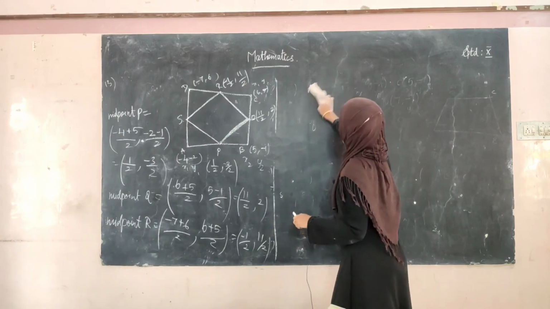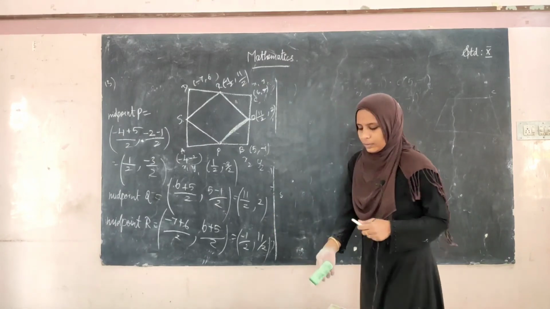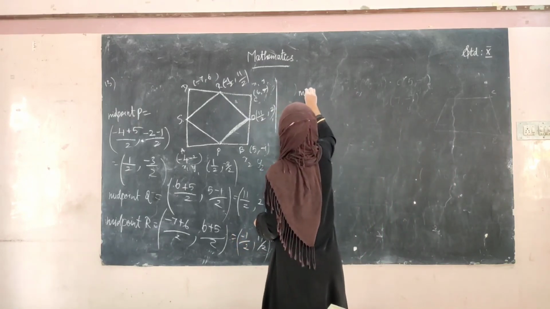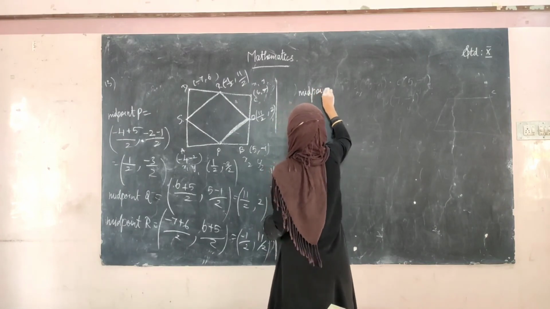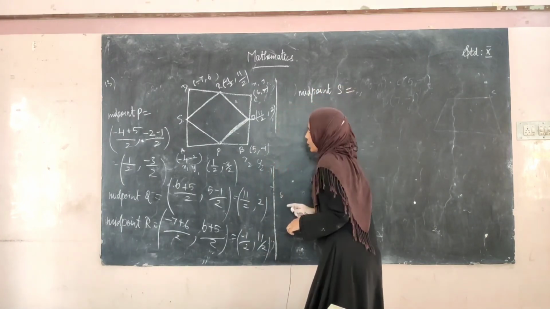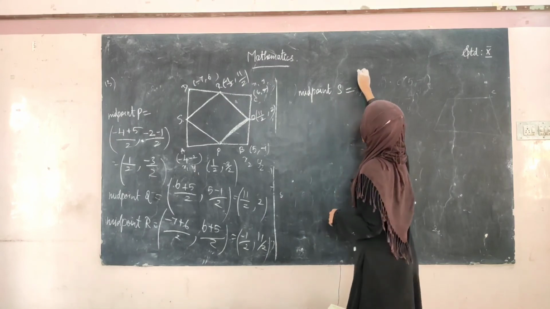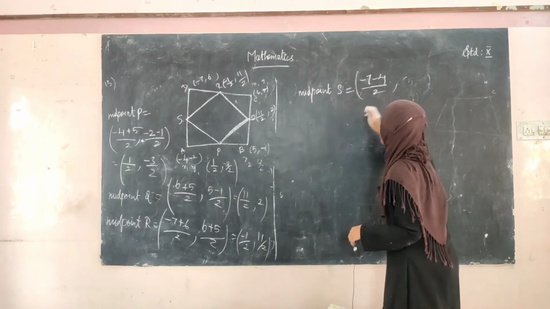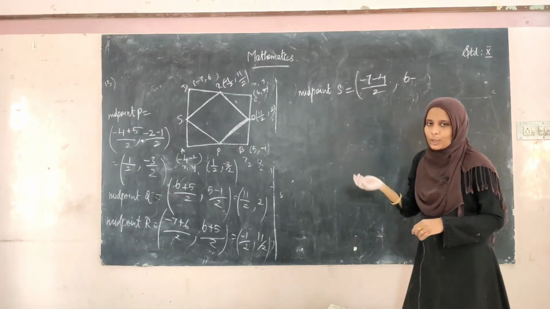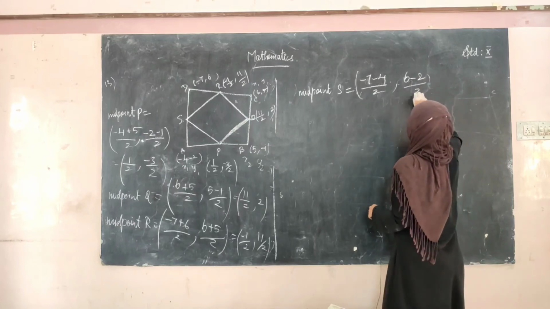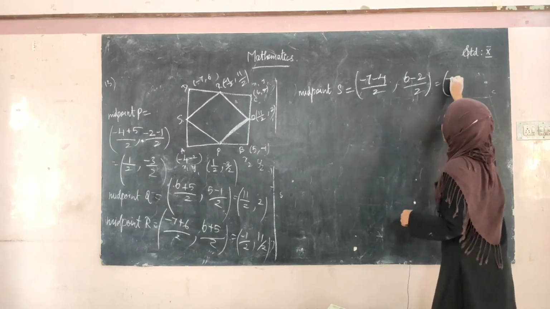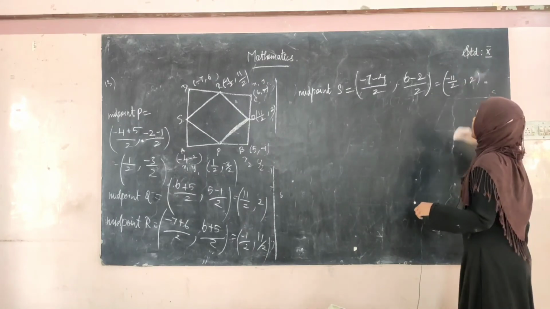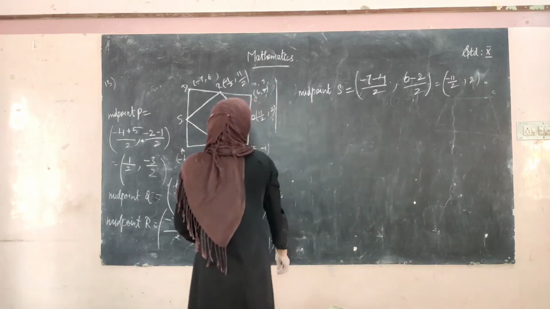Okay, so you have to find the midpoint of S. Midpoint S is equal to x1 plus x2, that is minus 7 minus 4 divided by 2 comma 6 minus 2, right? 6 plus of minus 2 becomes 6 minus 2. 6 minus 2 divided by 2 is equal to minus 11 divided by 2 comma 4 divided by 2 is 2.